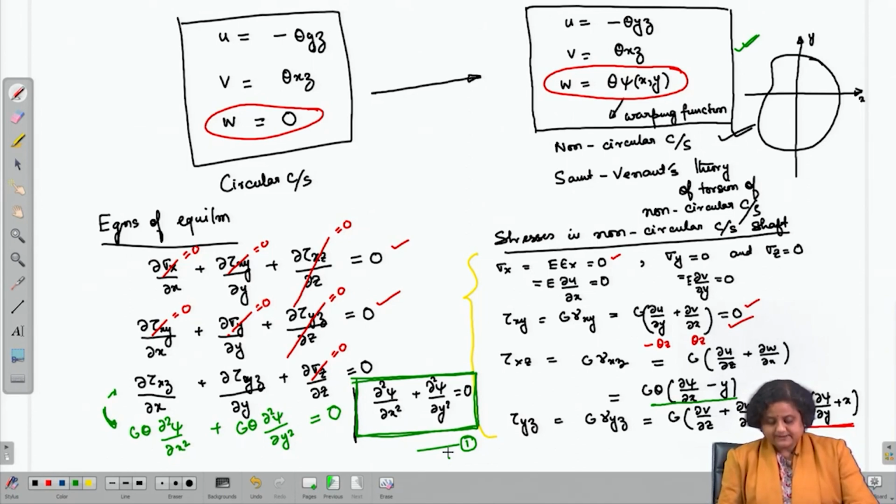Now, let us see whether the boundary conditions are being satisfied.